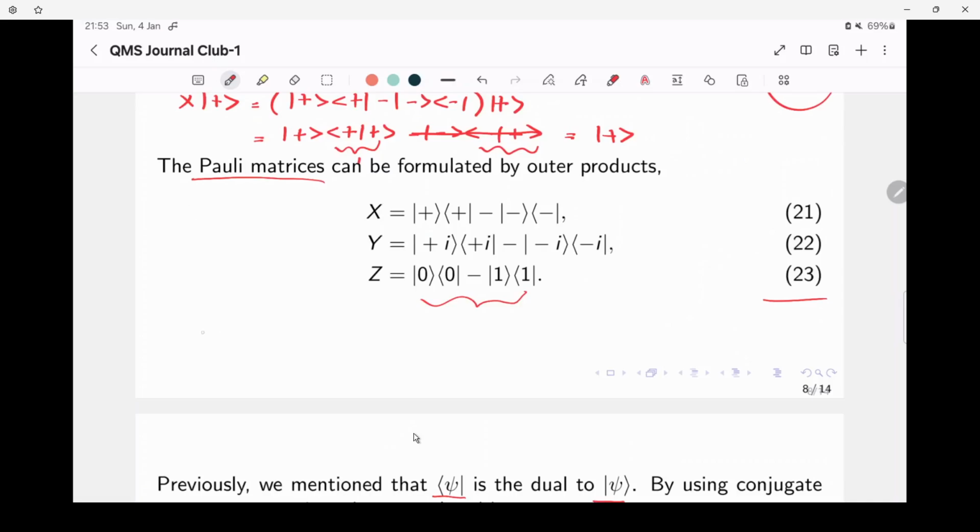For example, if you want to perform X dagger, because of this property you can write something like this.